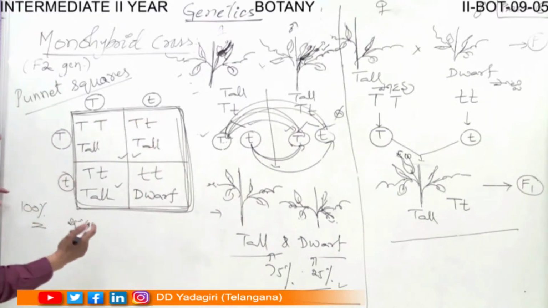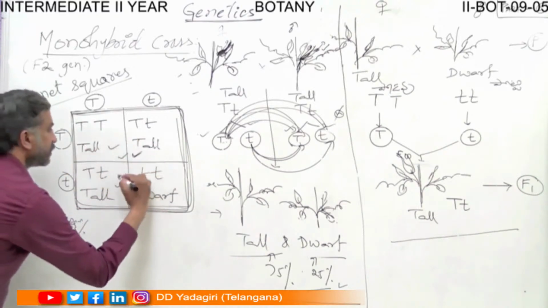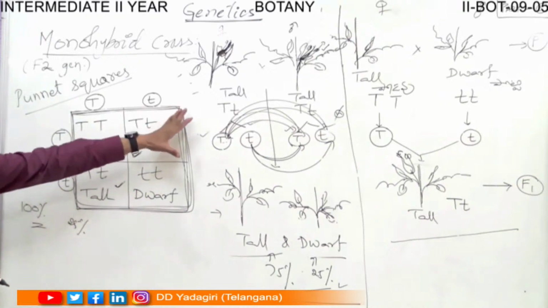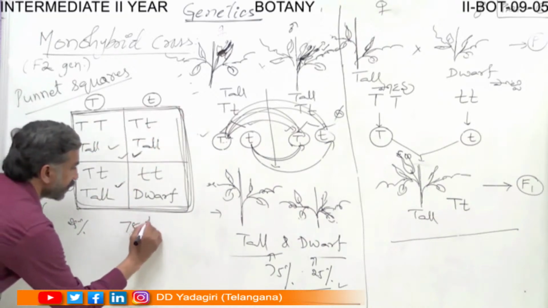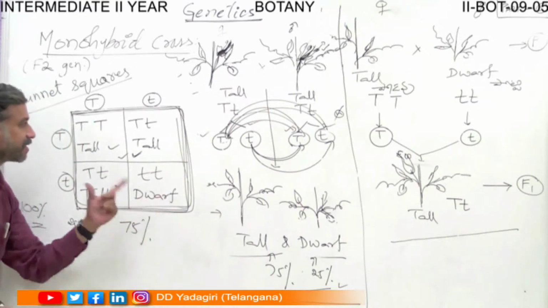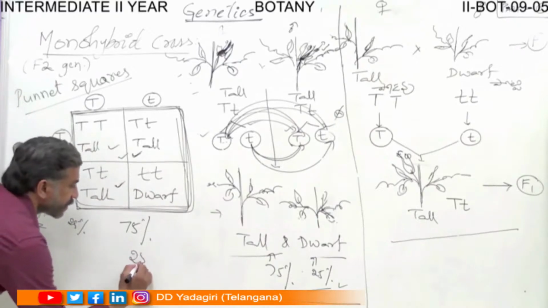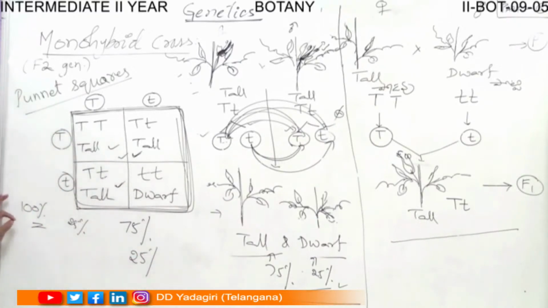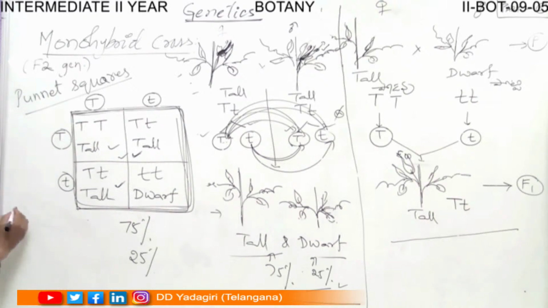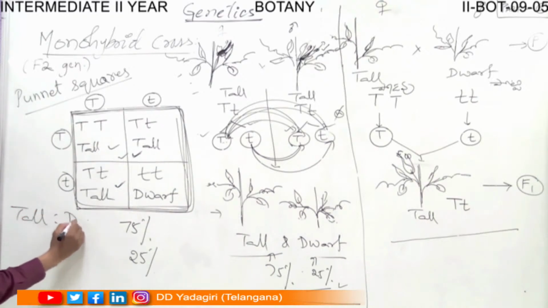In how many quarters the tall plants are there? Here in 3 quarters. That means the percentage of occurrence of tall plants in F2 generation is 75%.